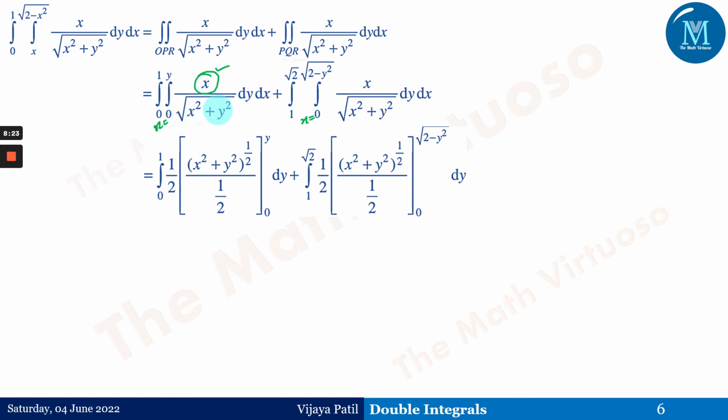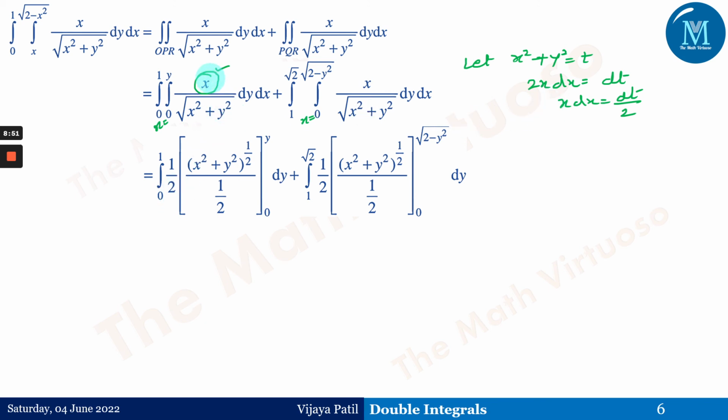So if you take the substitution here, let x square plus y square is equal to some t, then it becomes 2x dx is equal to dt. That means x dx is equal to dt by 2, and hence the corresponding limits will change, because x square plus y square is equal to t. This is one way to go and solve this particular integral using the substitution.